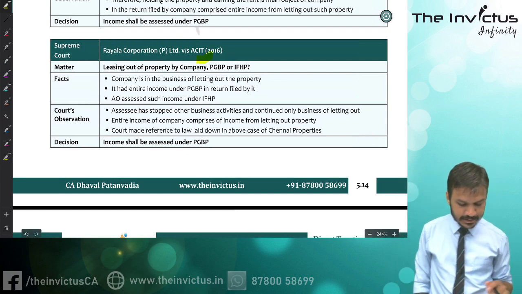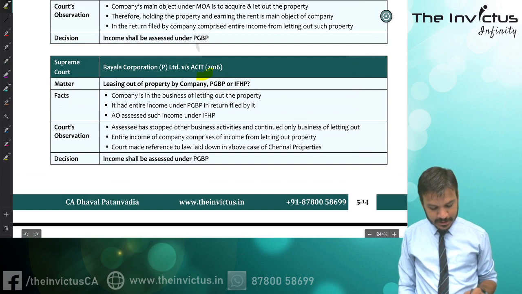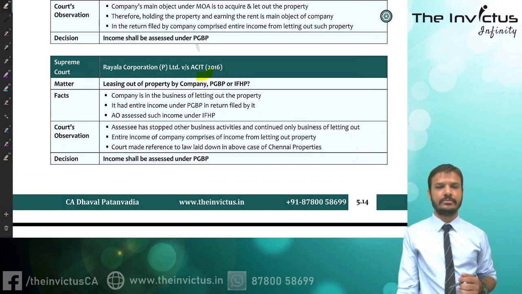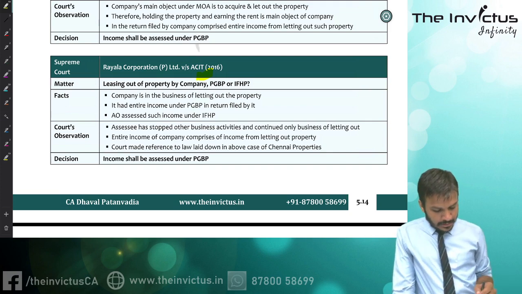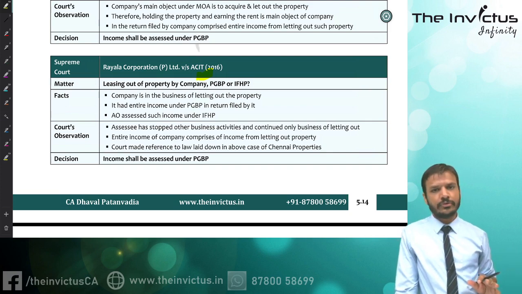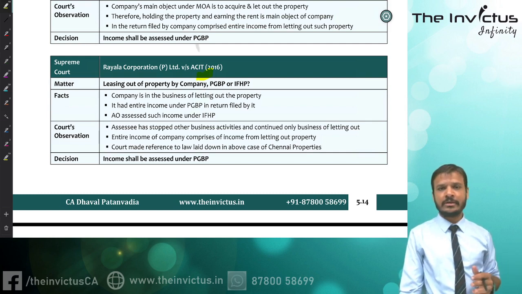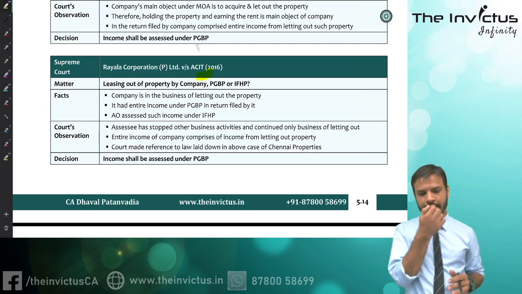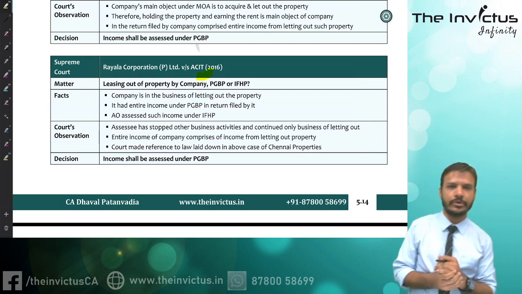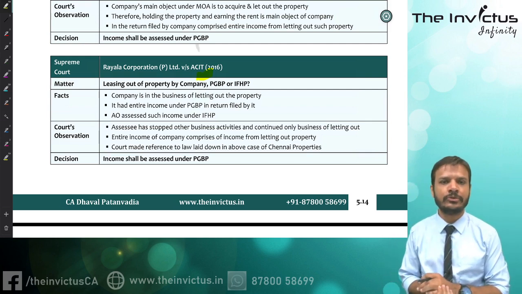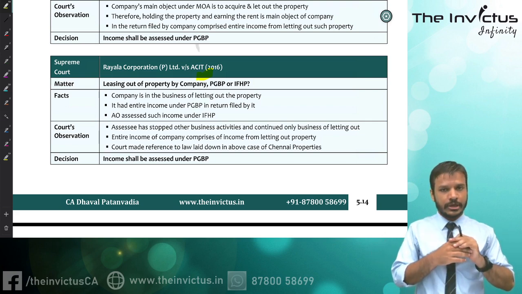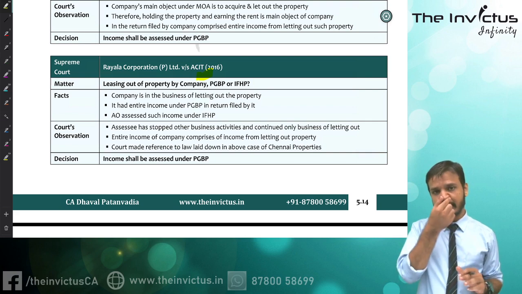What it says: leasing out of property by a company, PGBP or IFHP. See the case facts, and I have given it in summary form. If you want to read in detail, you can use the study material, but according to me, it's not required. If you are getting just the gist of that particular case law, it's enough for you, because it's not possible for you to study each and every case law in that voluminous subject, right?